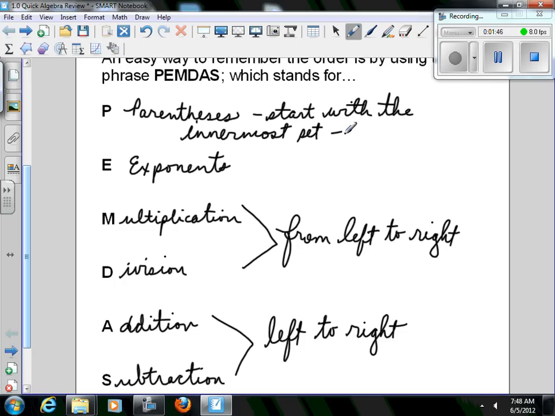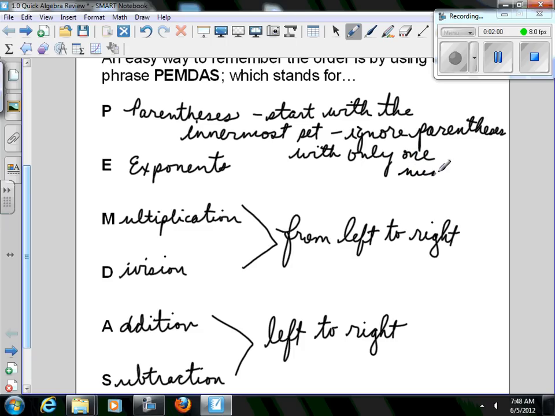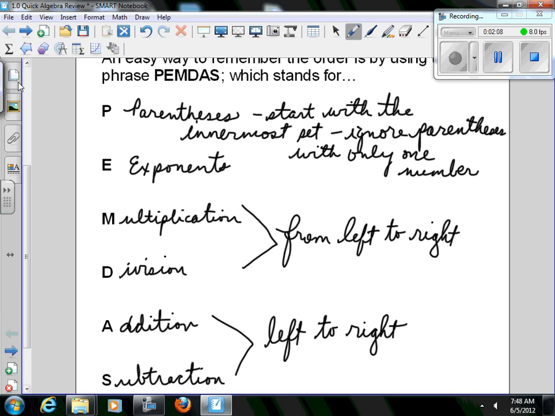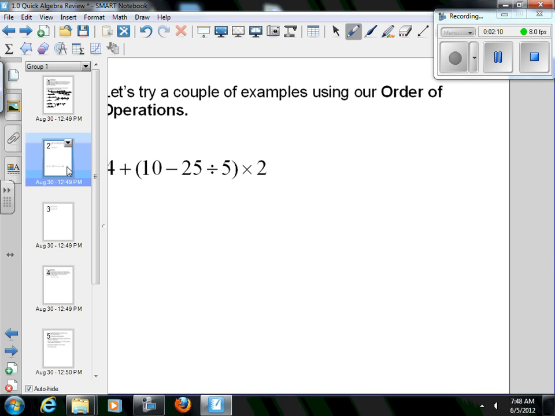And I'm also going to say to ignore parentheses with only one number. Because if you have parentheses with just one number, that means multiplication. All right, so let's move on to the next page.